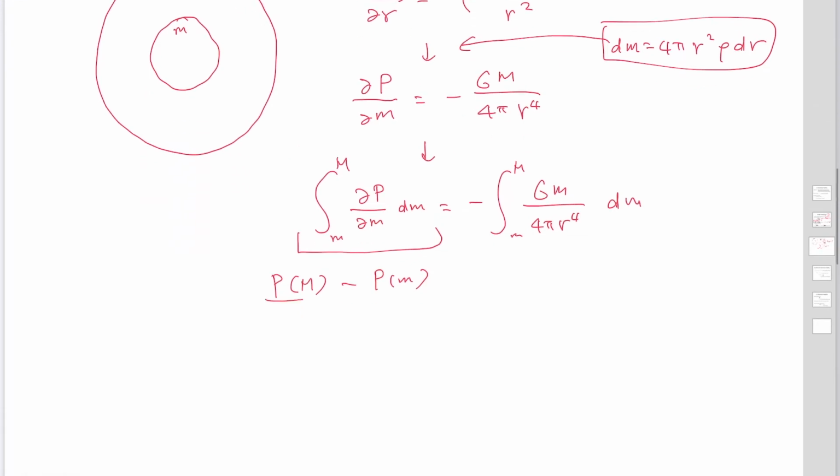The first term is going to be 0 because the pressure becomes 0 at the surface of the star. P sub m corresponds to the hydrostatic pressure. So from this equation, you can find the hydrostatic pressure is equal to the integral from m to capital M of Gm over 4 pi r to the fourth dm. This is the hydrostatic pressure.